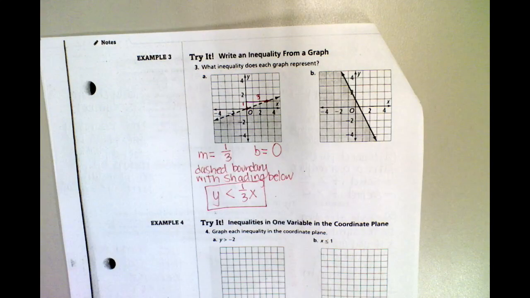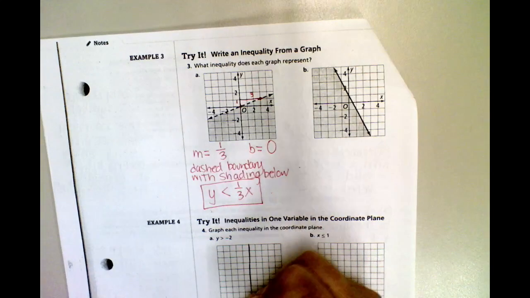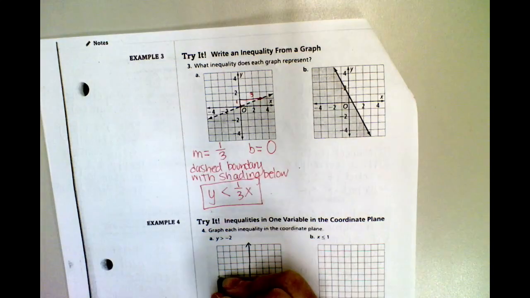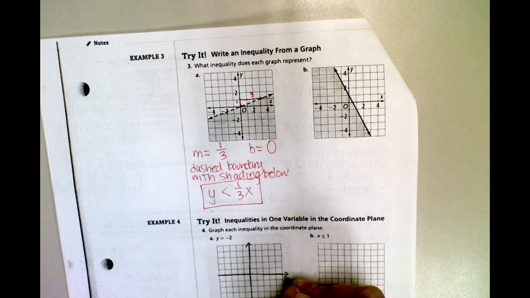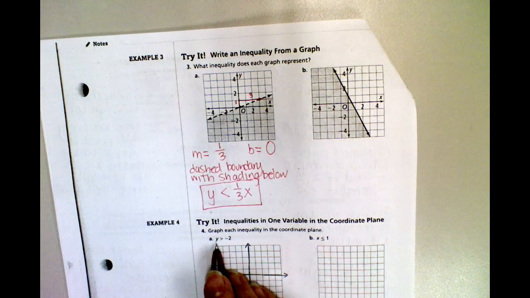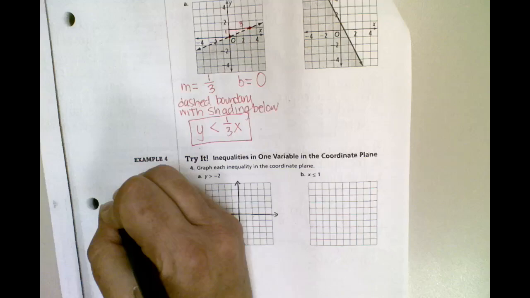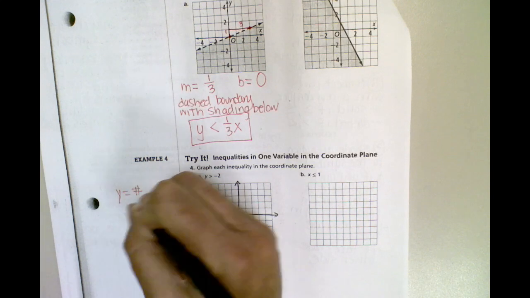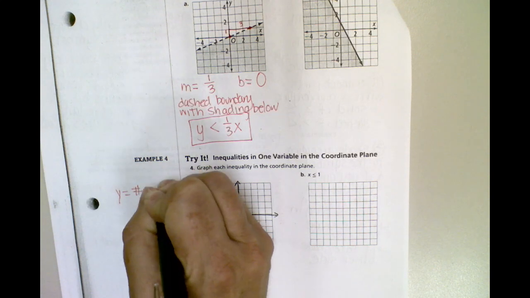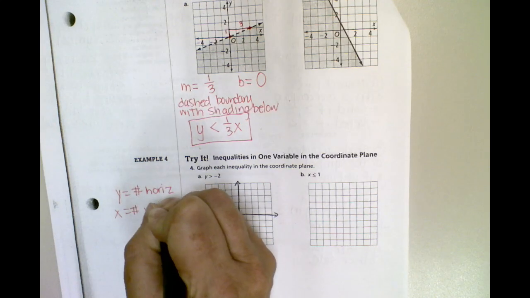Last one that we're going to talk about here are our special types of lines, which we already reviewed when we did section 4.1. But just to review again, when it is a plain x or y only, y equals a number are horizontal lines. x equals a number are vertical lines.